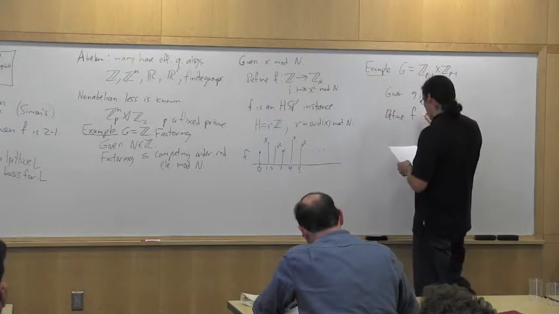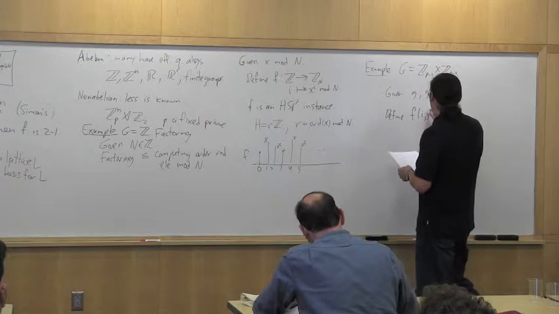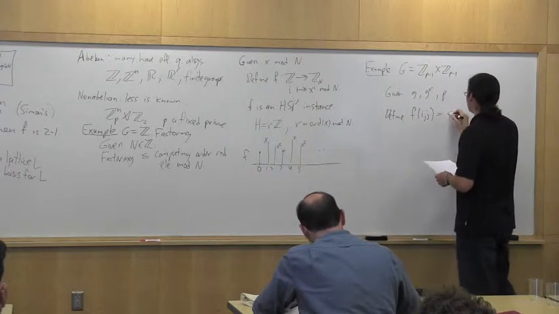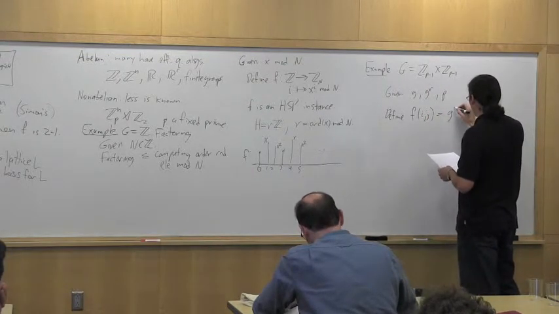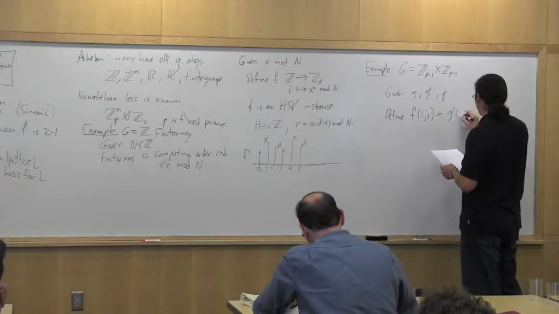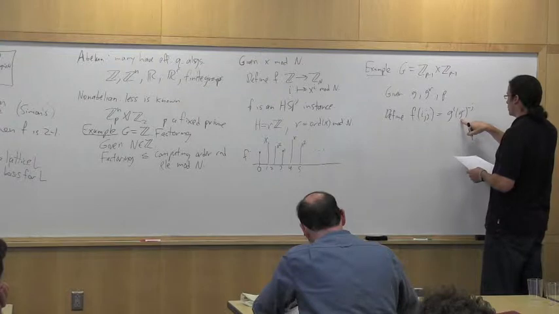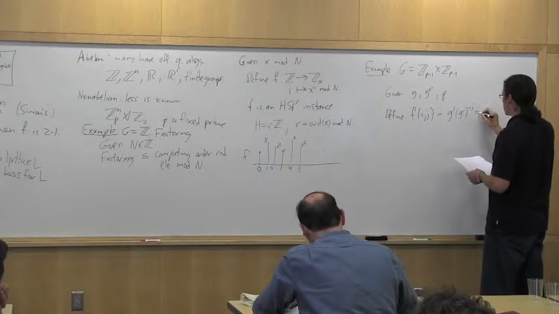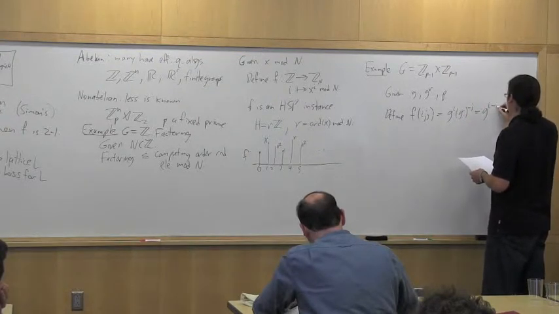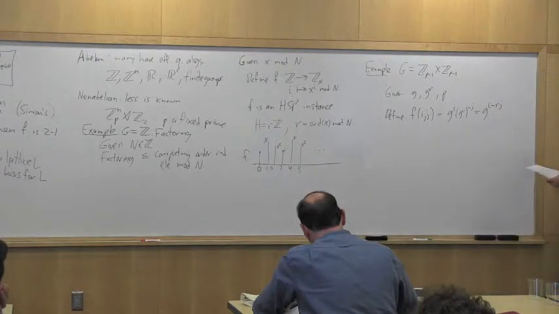You can define f of (i, j) to map to g^i times (g^r)^(-j). I'll write it in terms of how you would compute it. You have g^r, and so you can compute this whole product, which gives you g^(i - rj), working mod p here.